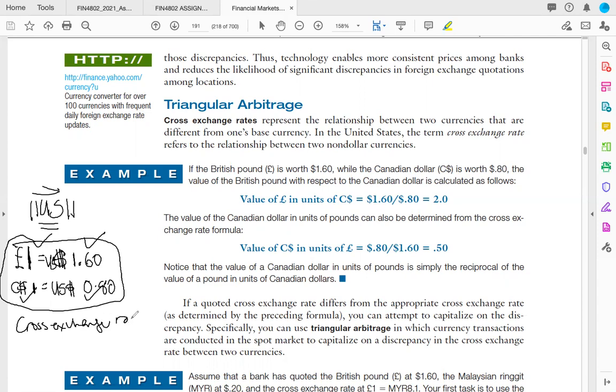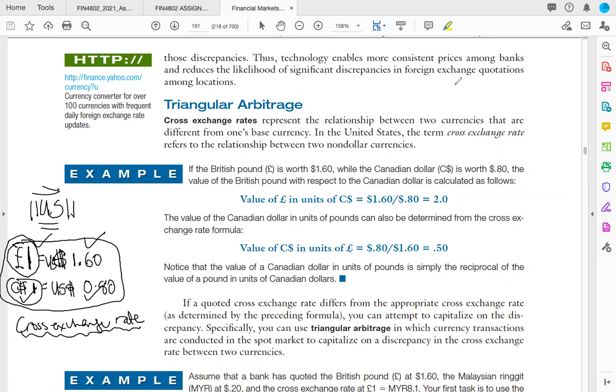I do talk about this in the online classes, but I'm just going through it again. A cross exchange rate is an exchange rate between the pound and the Canadian dollar. We know how much £1 is in US dollars. We know how much $1 Canadian is in US dollars.